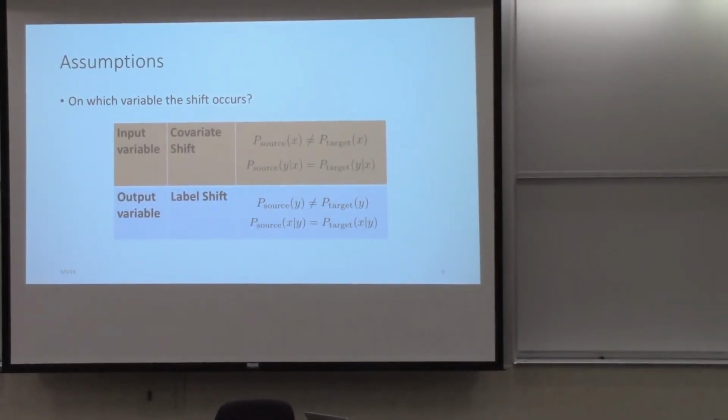Or even P of X given Y could change, because the proportion of different breeds of dogs you had, that's P of X given Y, changed from one distribution to another. Then it's no longer the label shift. In general, if you just look at arbitrary image classification on two different sets, it may be a mix of the two. You can't immediately say it's one or the other.